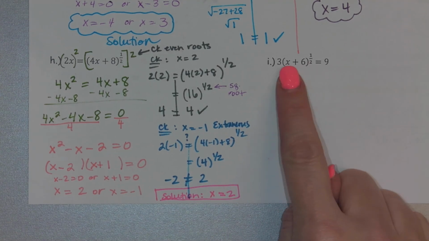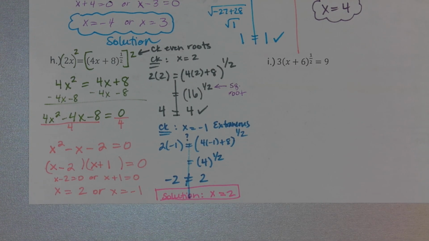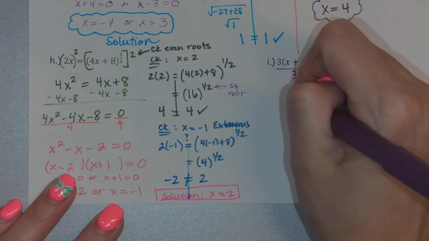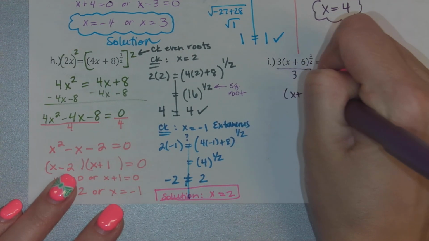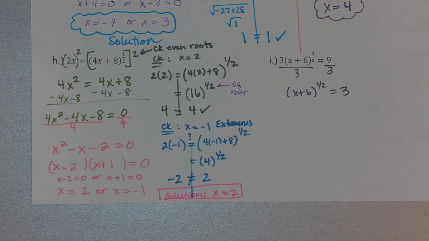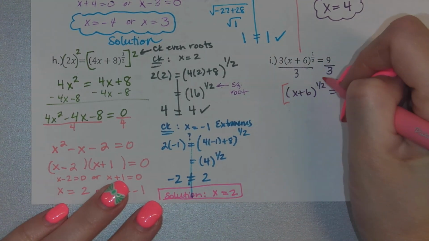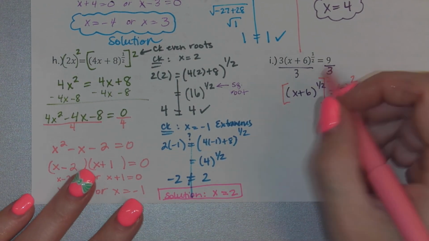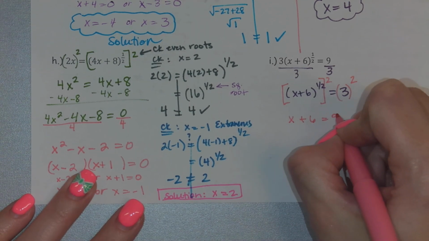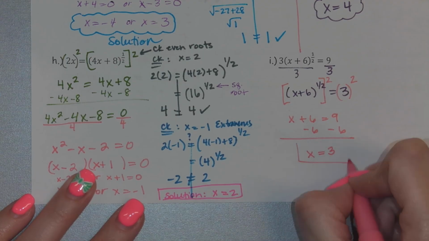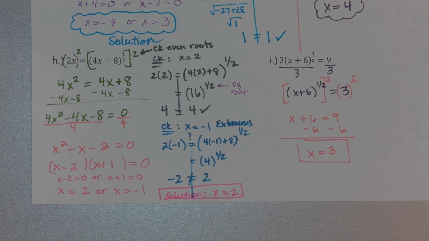Now on this one, you have the parentheses and you have this 3 on the outside. So I would recommend dividing both sides by 3 first. You can't distribute it. And then once you square both sides, you get x equals 3.